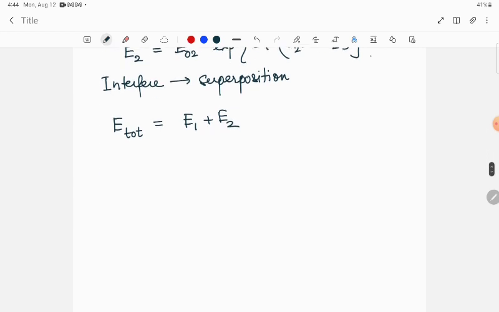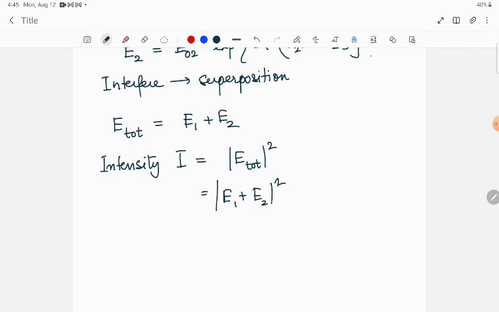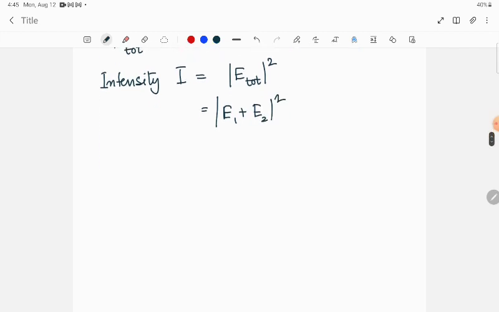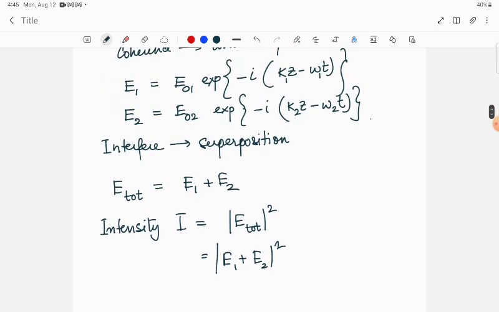Now, when we do an experiment, what we measure is not the electric field; we rather measure the intensity, which is I, given by mod E total square, which is E1 plus E2 square. I am not doing the maths because you can just solve it. You plug in the values of the electric fields, and there's an exponential term.